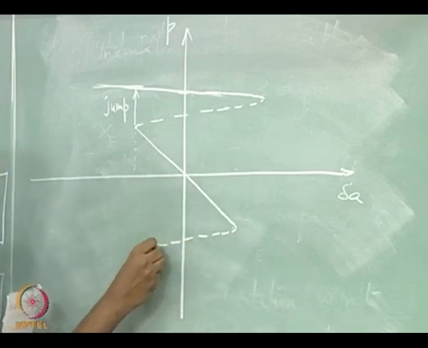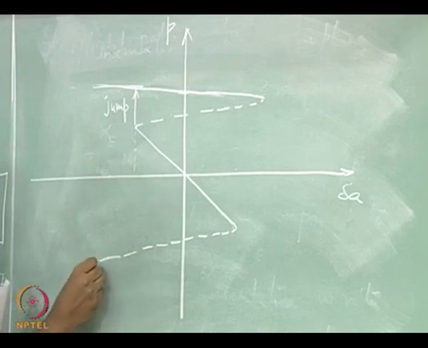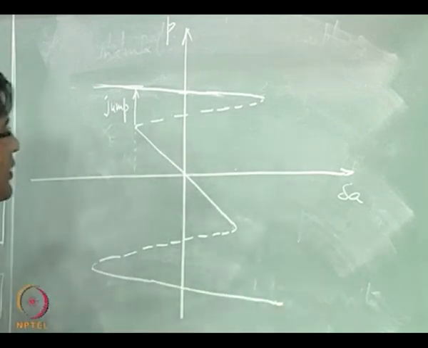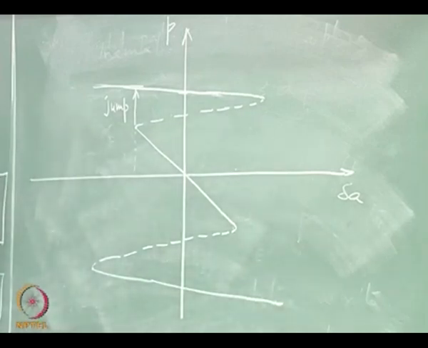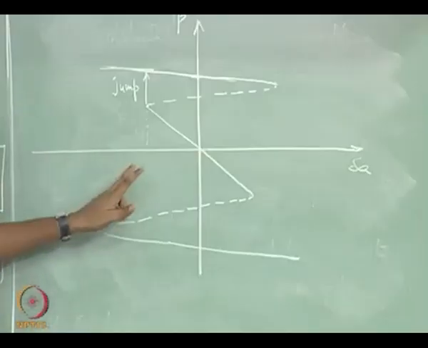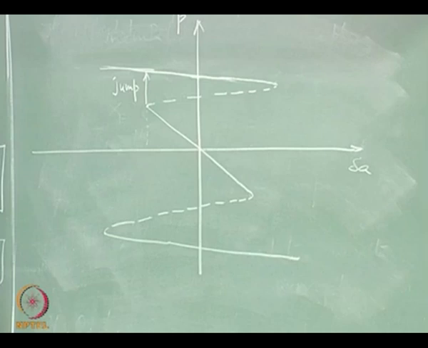And a similar thing can happen also on the negative side. Okay, so this is the complete picture. Now, I am deflecting my aileron in the negative direction, I am getting a positive roll rate, and you see at one point the aircraft is having higher roll rate, and there is a sudden jump in the roll rate, right.